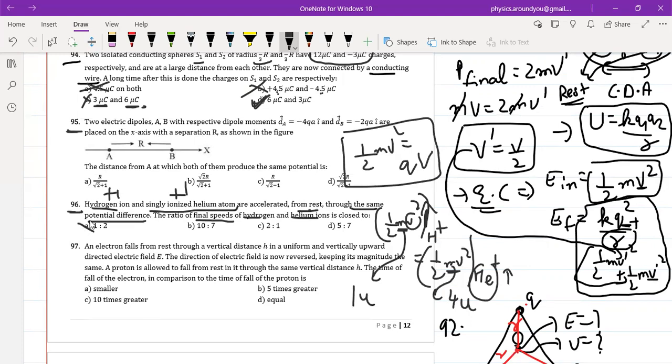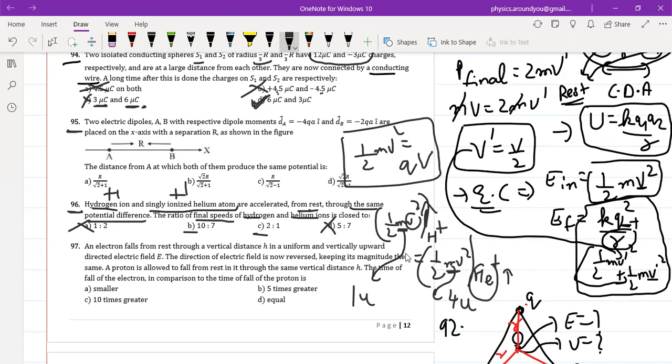So A is eliminated, D is eliminated as the ratio is lesser than 1. The ratio should actually be greater than 1 because I have proved that speed of hydrogen ion is greater than speed of helium ion. Between B and C, I can see 10:7, it seems.